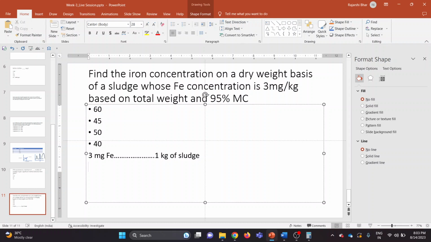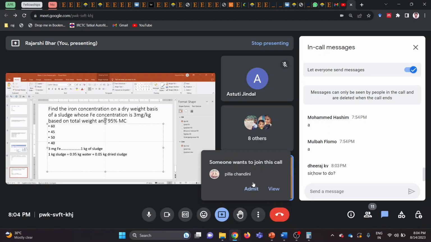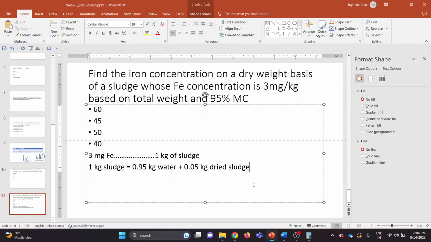So my 1 kg sludge is equal to 0.95 kg of water plus 0.05 kg of dried sludge, the actual solids. The rest is all water. So this is what is there in 1 kg of sludge.